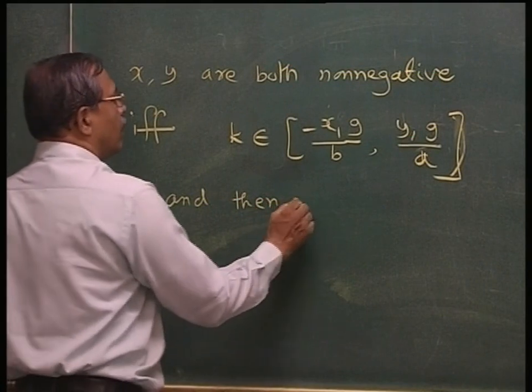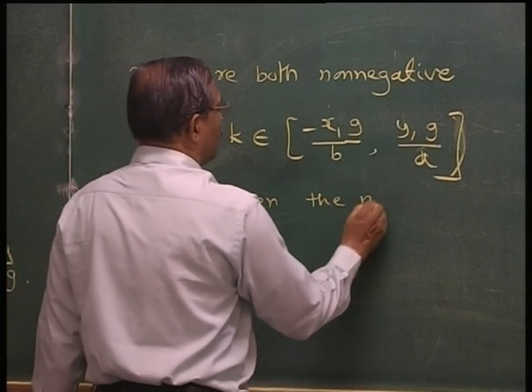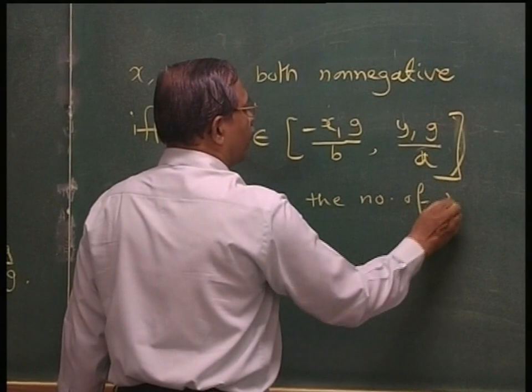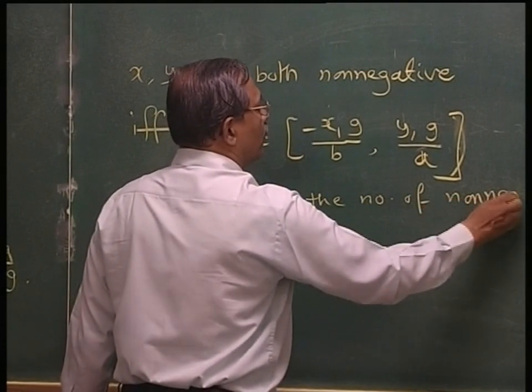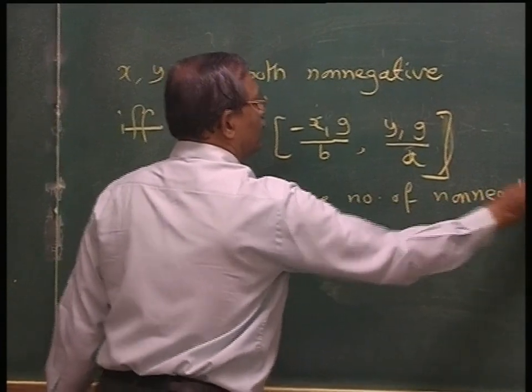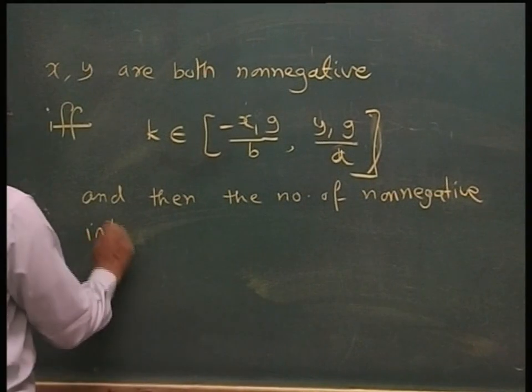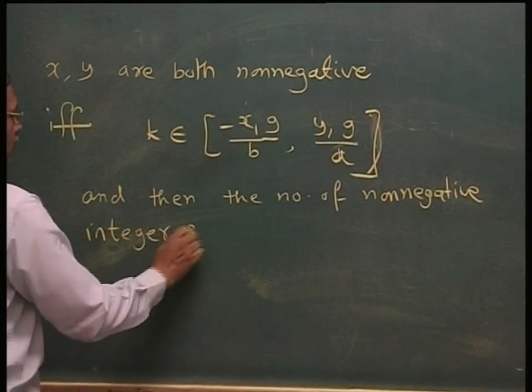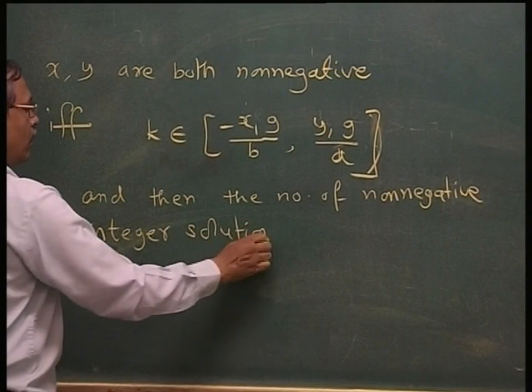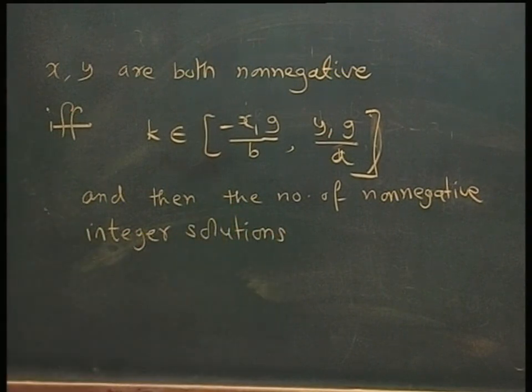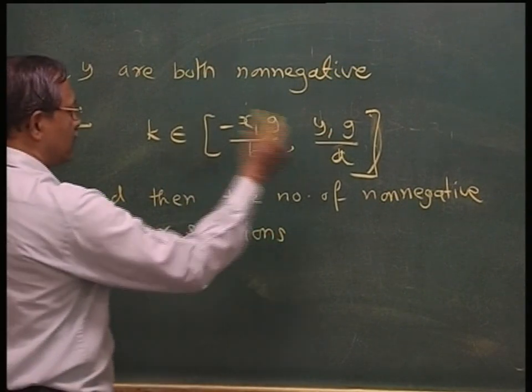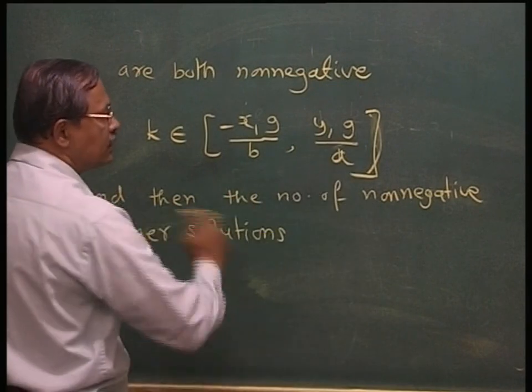The number of non-negative integer solutions, this number is the number of integers between this and this.